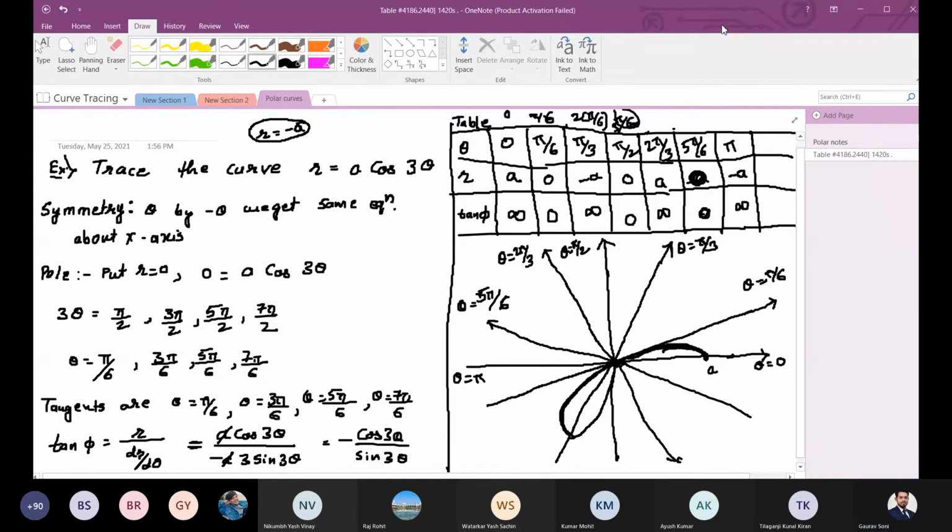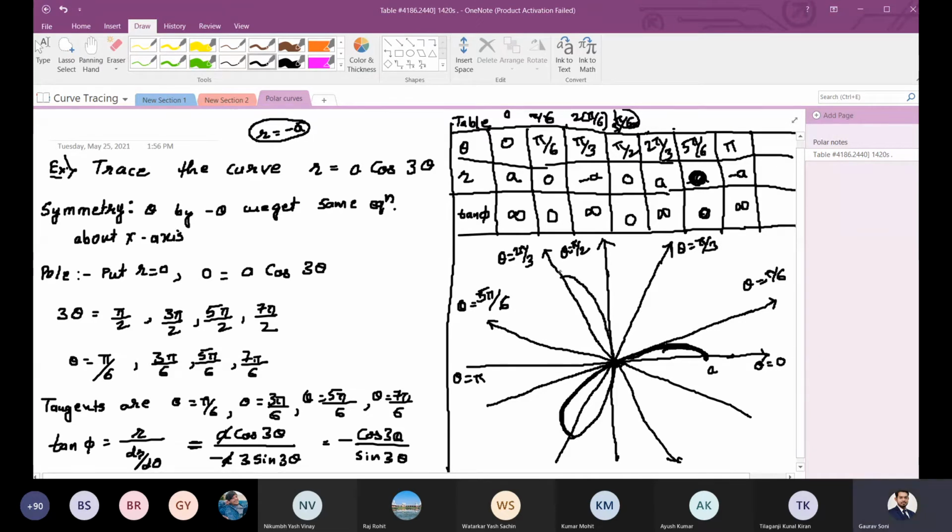So at pi by 3, the magnitude is a, of course, but that minus will represent you have to go in the negative direction. Then again at pi by 2, it becomes 0. And after pi by 2, at 2 pi by 3, it is becoming a. So this is my line 2 pi by 3.